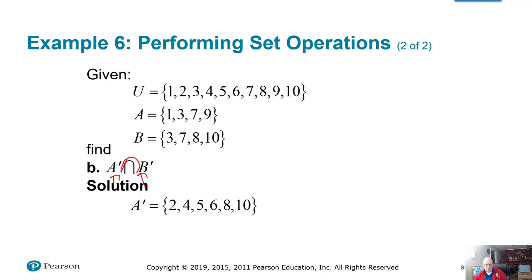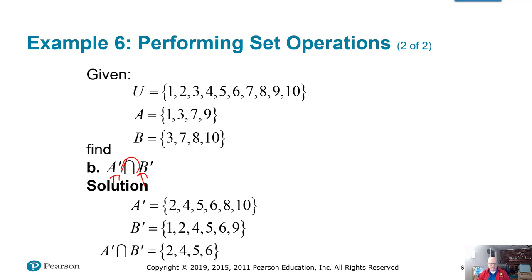So there's A complement with the universal set, remember. There's B complement. And now we're going to take the intersection of those two sets. What do they have in common? A complement and B complement. And there's our result.